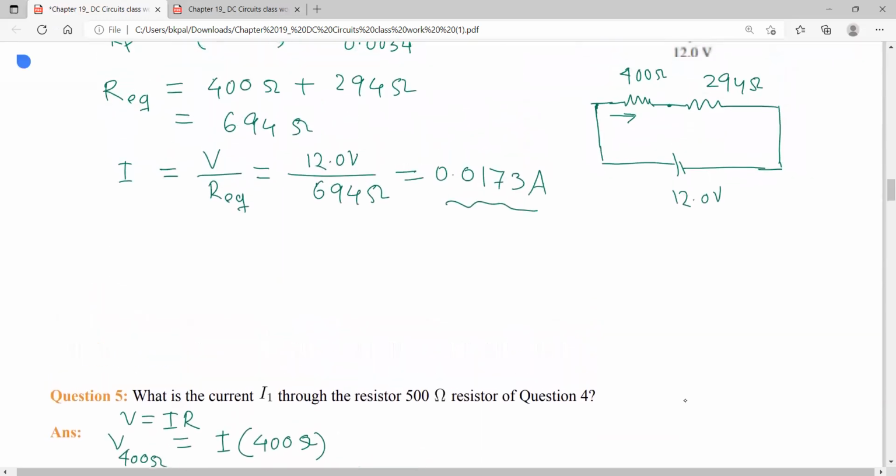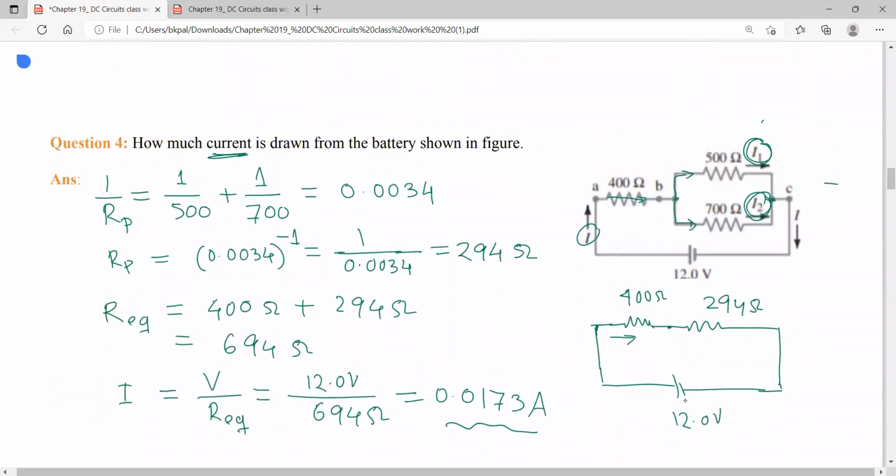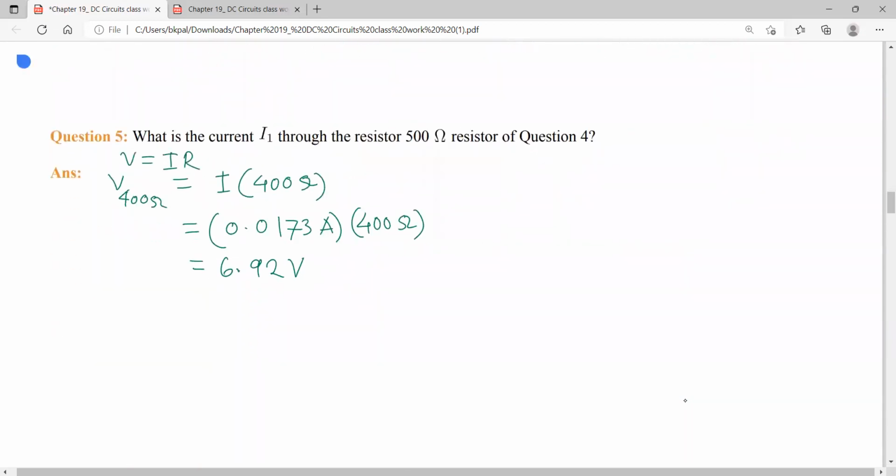So what it tells us is that out of 12 volts, 6.92 volts drops here, and the rest of the voltage drops in the parallel circuit. So what is the rest? 12 volts minus 6.92 volts is equal to 5.08 volts.